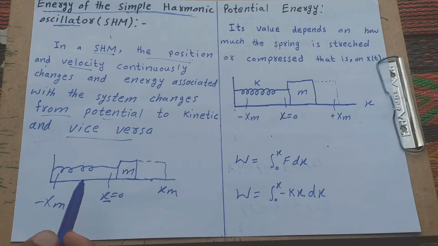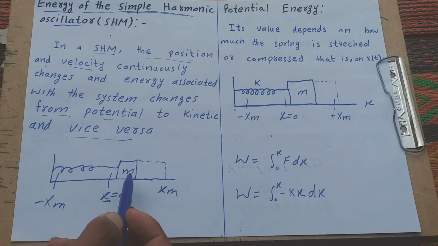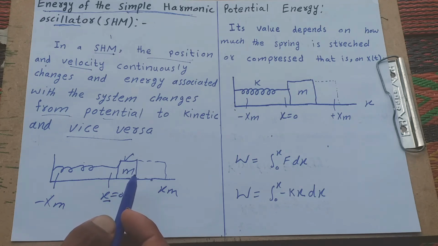The potential energy depends on the spring. If the spring is stretched or compressed, we observe potential energy, and if the block changes, we observe the kinetic energy. Kinetic energy is observed due to the changing of the block.